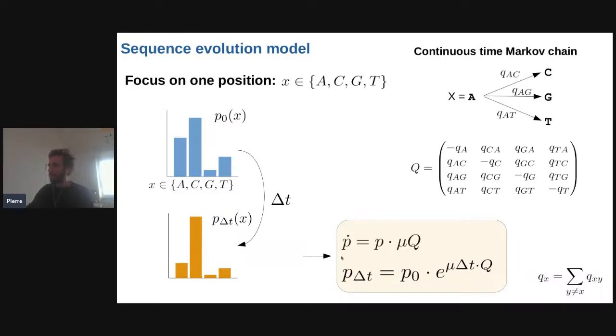And here, what you can say is that the derivative of this probability is equal to the probability times Q. And so this P delta t, this distribution over states after some time, is the initial state times the exponential of the matrix Q multiplied by the time.